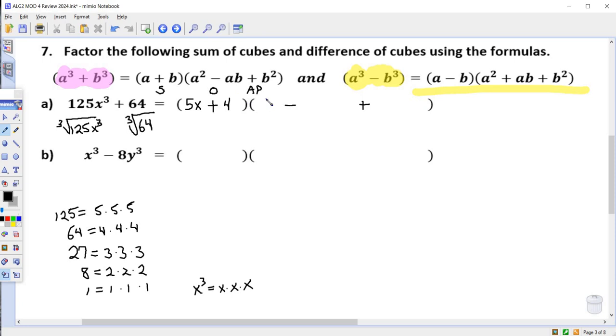And okay, now I'm ready for my trinomial factor. And what do I have to do? I got to do A squared, so that's 5x times 5x. Let me just write that down here. 5x squared. A is 5x. A equals 5x, right? So A squared.